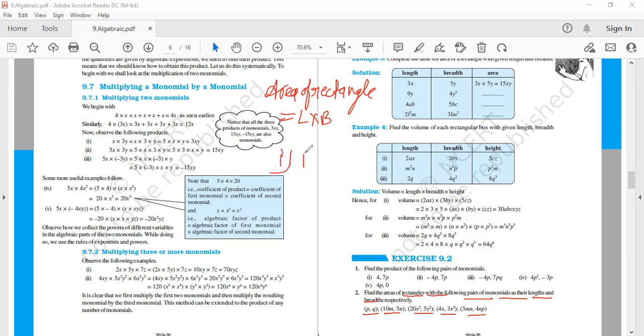Let us solve the first part, p comma q. This one is L, this one B, so area will be L into B, that is simply PQ.